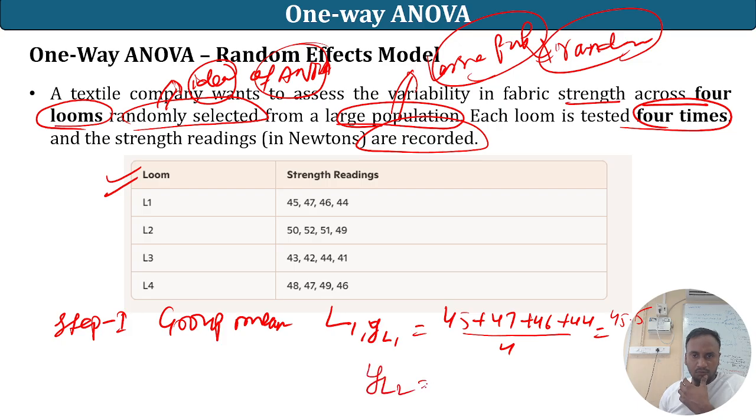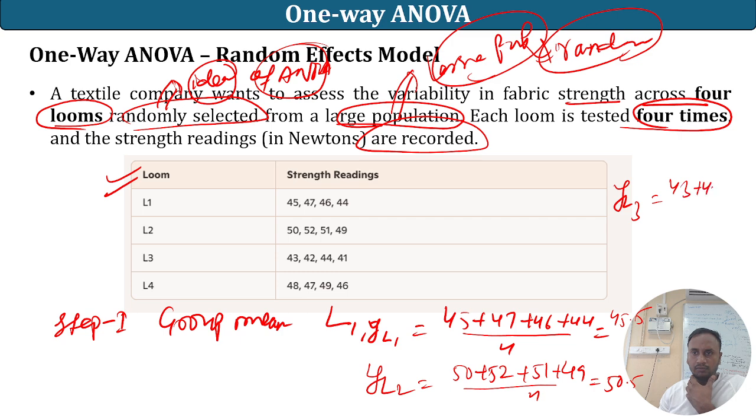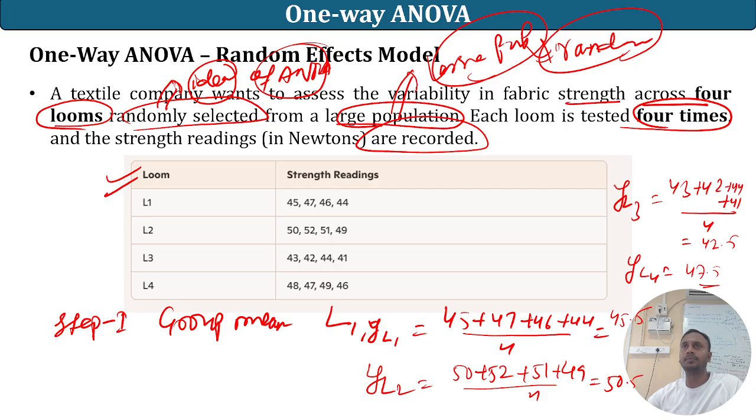And YL2 will be 50, 52, 51, 49 by 4, which comes to 50.5. And YL3 will be 43, 42, 44, 41 by 4, which is 42.5. YL4 will be 47.5. I think it's clear.